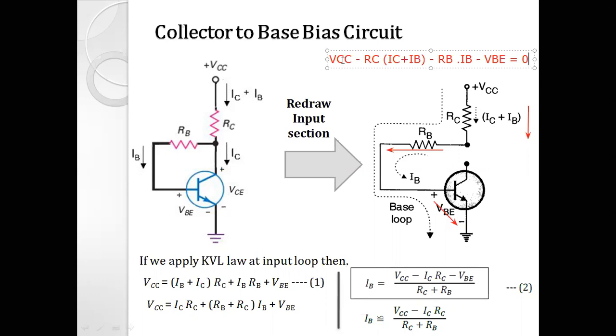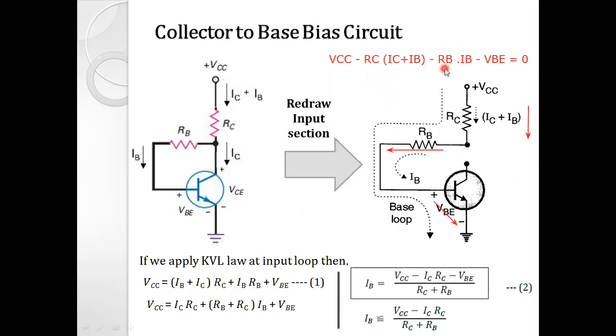So when we make VCC the subject of the equation, let us keep this VCC on the left side and send the rest of the terms to the right-hand side. It looks like equation number 1, that is VCC is equal to, on the right-hand side, RC into (IB plus IC), then IB into RB.